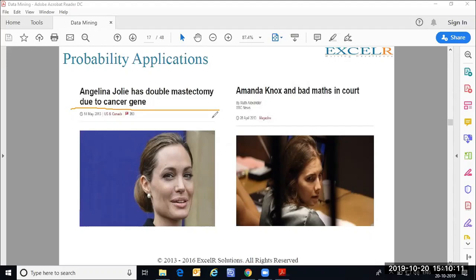Predictive analytics. Even before you get into the problem, predict what is going to happen and take the respective precautionary steps. Let me just open the article.